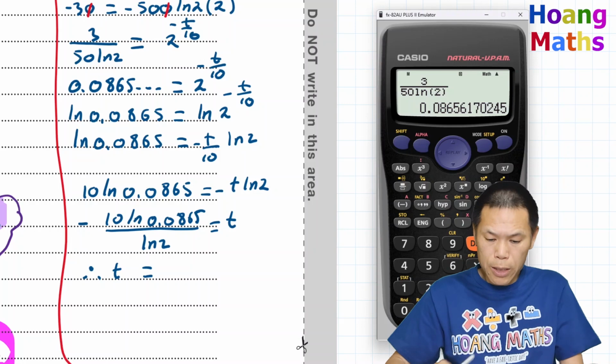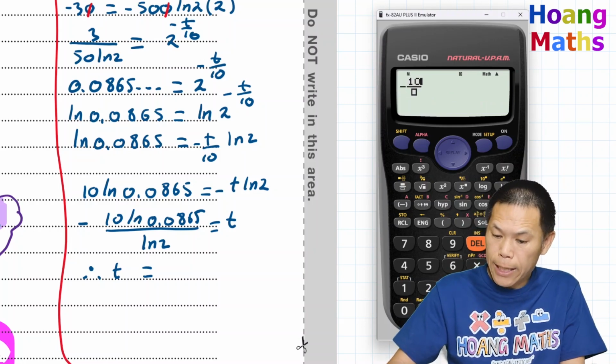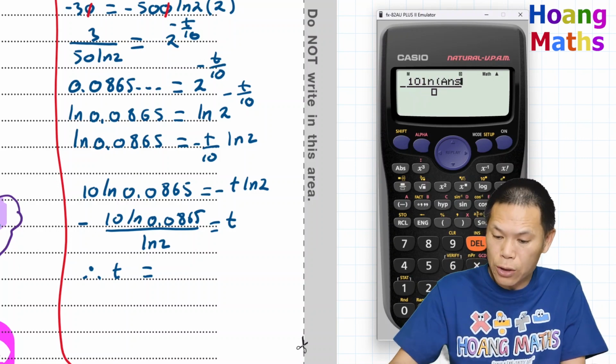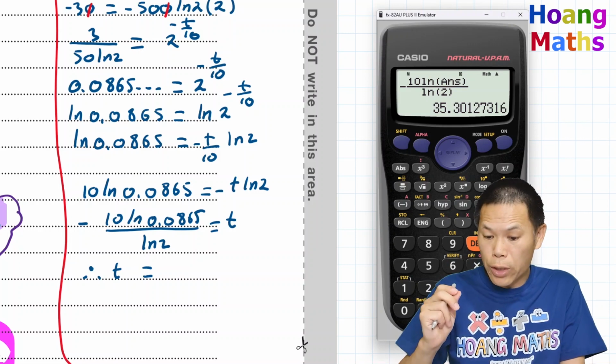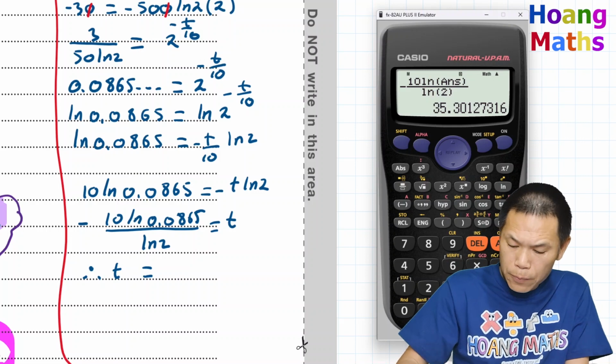So therefore, T equals, I just put it on a calculator. So just go negative fraction 10 ln the answer, that was the last one I did, 0.0865 and so on. I close the brackets and I go down ln of 2. So there you go, 35.30 and so on.